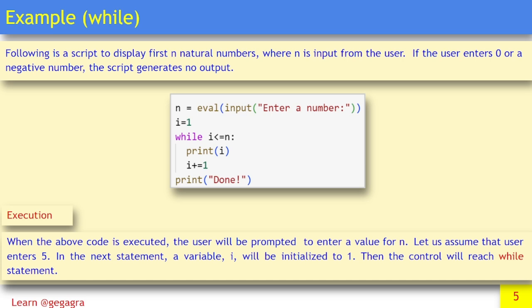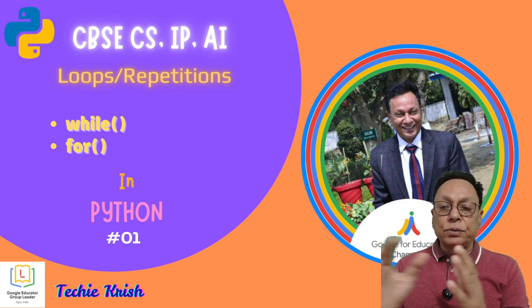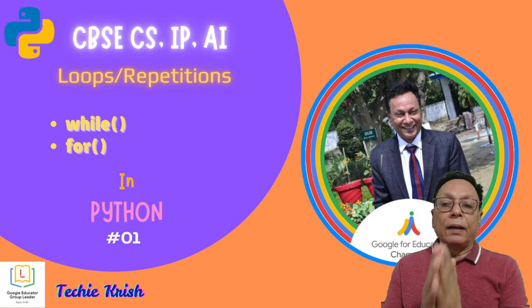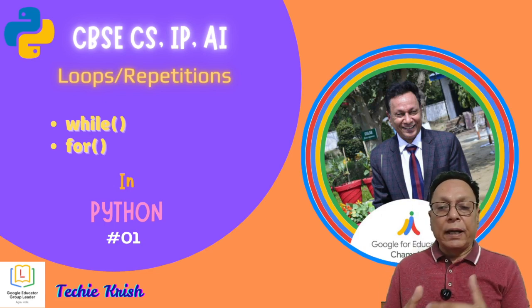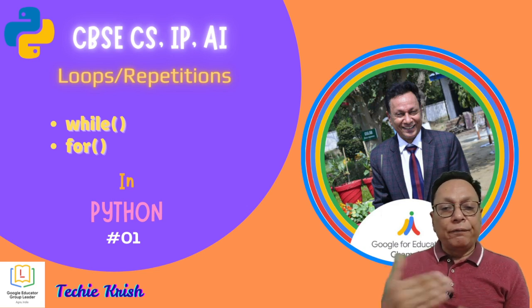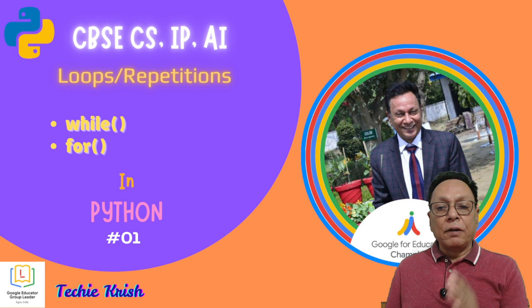Then the control will reach the while statement and it will check whether the value is less than or equal to 5, and if so, it will print the value of i. Then it will increase the value of i by plus equals 1. So it will repeat the code 5 times. So this is how it prints the natural numbers from 1 to 5.